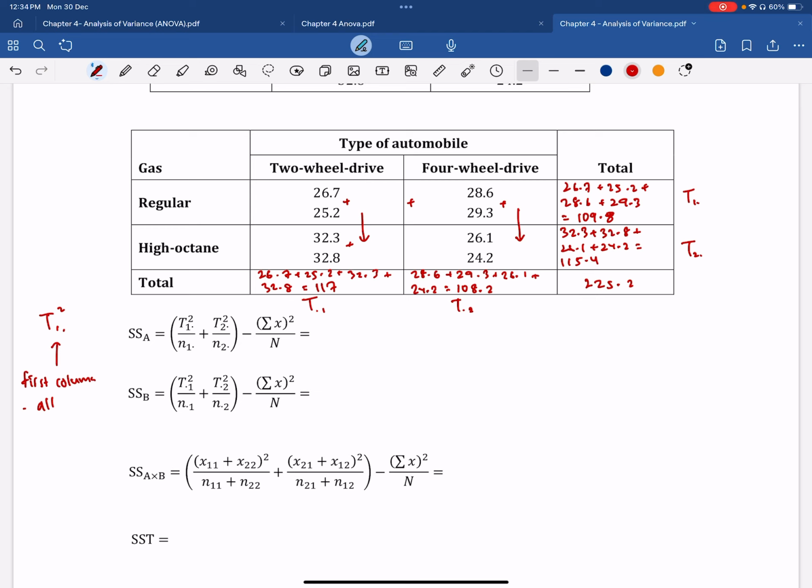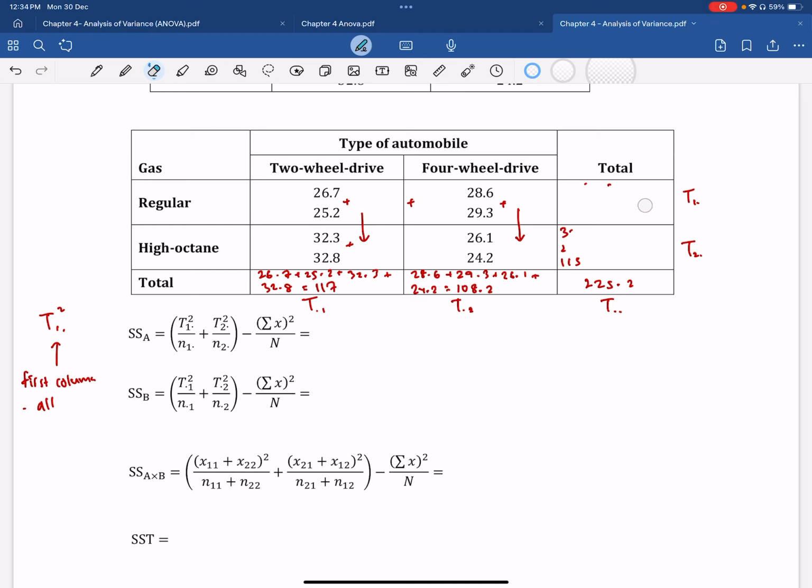So the total will be 225.2. It means you add this and you add this, you will get the same total, and this is referred to as T dot dot. Basically we do the operation outside the box. I just want to show you how you calculate for each row and each column.